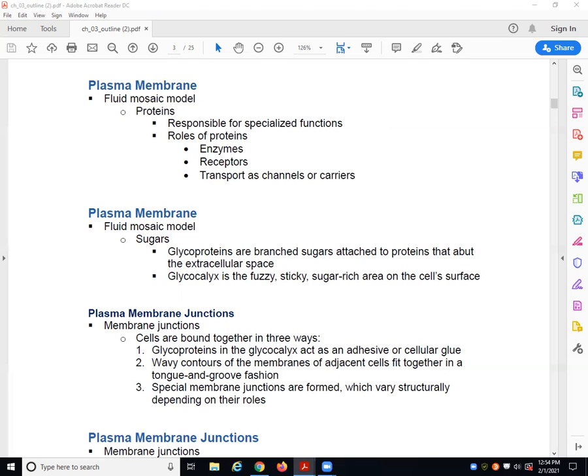They're an adhesive. And you have what we call wavy contours in the membranes of cells that are adjacent to each other. They fit together, kind of like a tongue and groove. The waves in one cell match the waves in the other, so they attach to each other. They interlock like fingers.